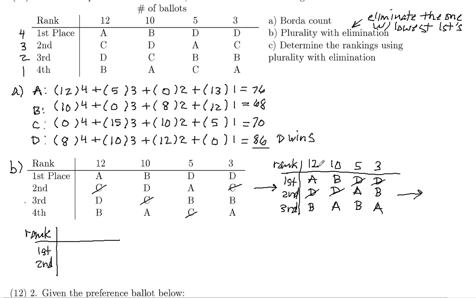And if D drops out, we've got 12 ballots that are AB. And then we've got 10 ballots here that are BA. And then these 5 ballots will turn into an AB.